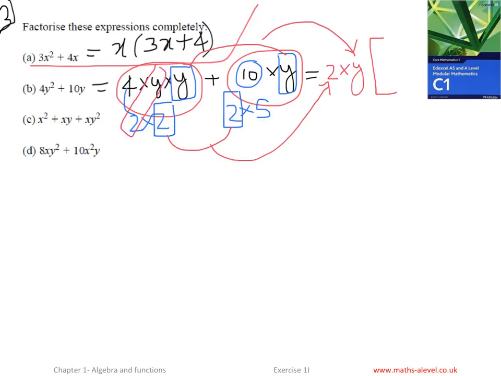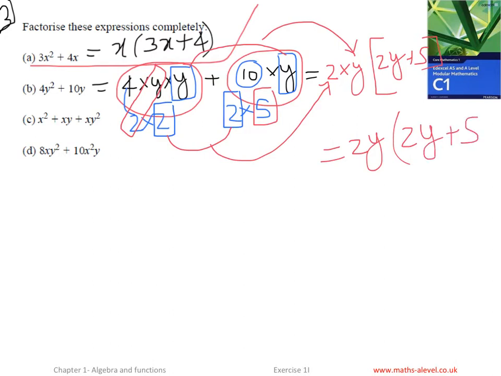This is remaining for the first term, which is 2y, and this 5 is remaining for the second one. So the answer is going to be 2y, the common factor, and the remaining terms are 2y plus 5.